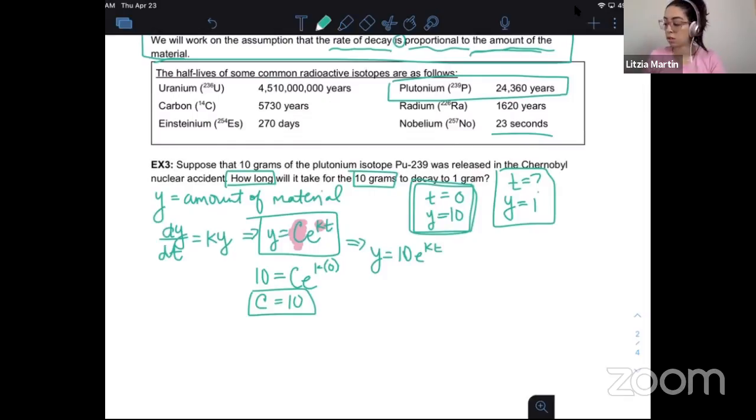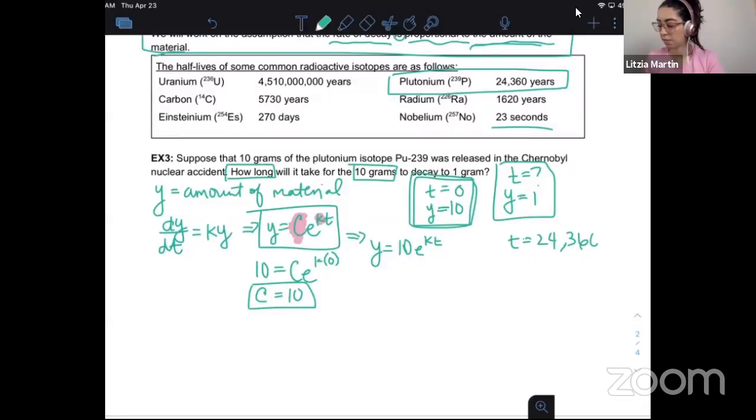So that means when t is equal to 24,360, what is our y going to equal? Well, since it's the half-life, and we are starting with 10 grams, after 24,360 years, we should have 5 grams. We have half of what we started with.